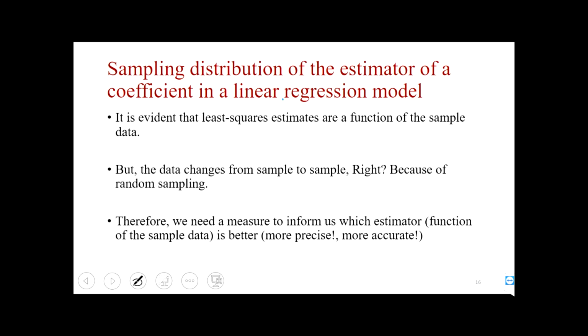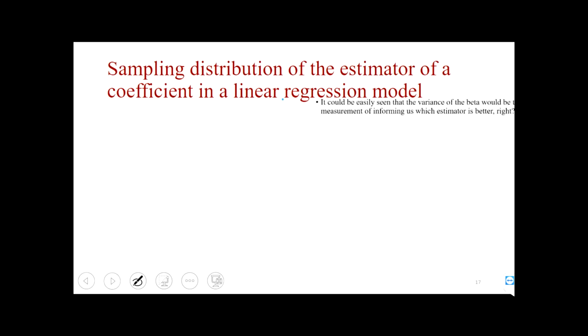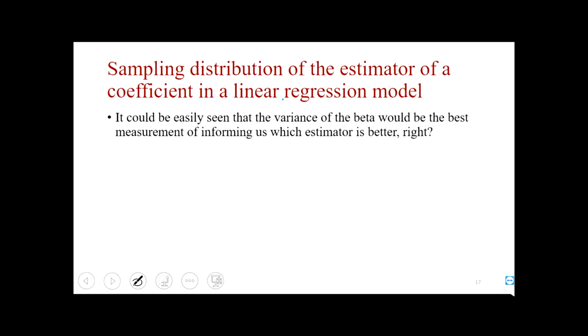Therefore, we need a measure to inform us which estimator, or function of sample data, is better, more precise, and we can sometimes call it more accurate. It can easily be seen that the variance of beta would be the best measurement of informing us which estimator is better.